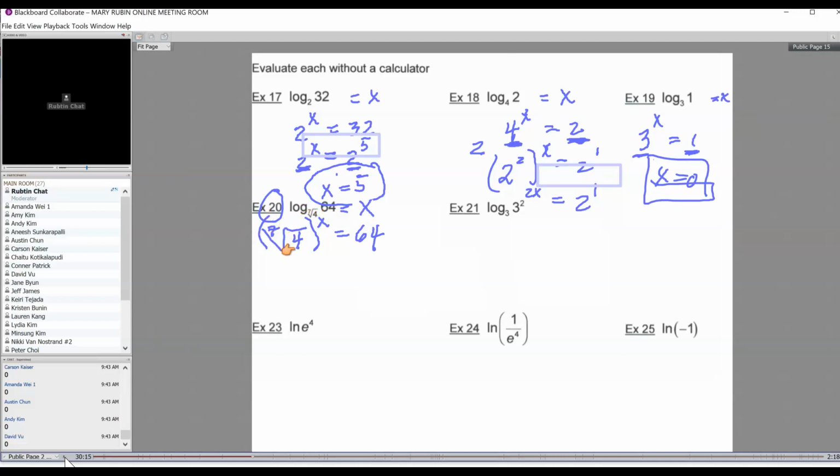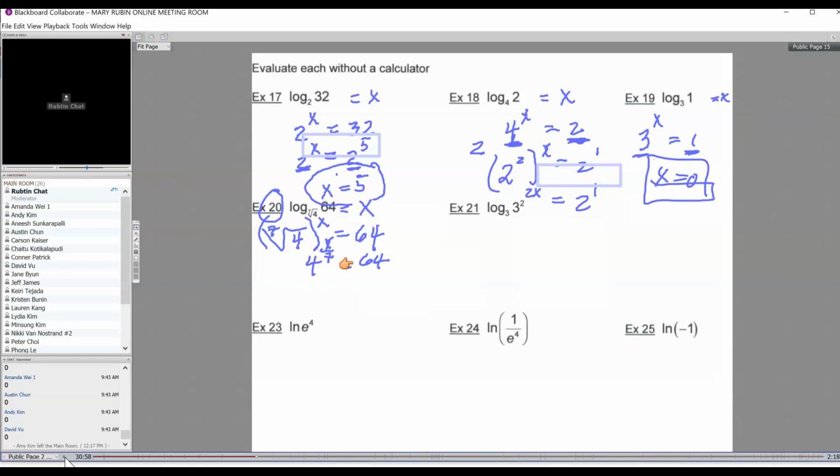So I'm going to rewrite the 7th root of 4 to the x, using what Caitlin was giving me when we did the -1/2. If I rewrite this, I've got 4 to the x over 7 equals 64. I need to write these using the same base. I need 4 and 64 to have the same base.